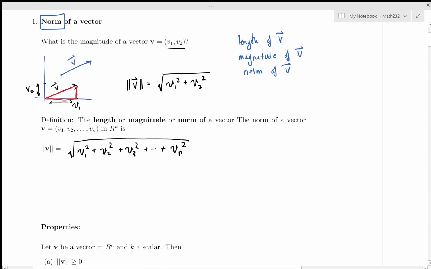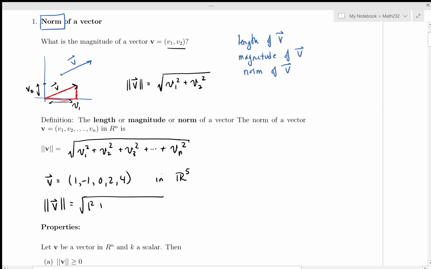Let's take a quick example. I'm just going to randomly pick a few numbers here, but imagine this vector. This is in R5, and there are 5 components. If I wanted to calculate the length, or the norm, I would simply take the sums of the squares of all of the terms.